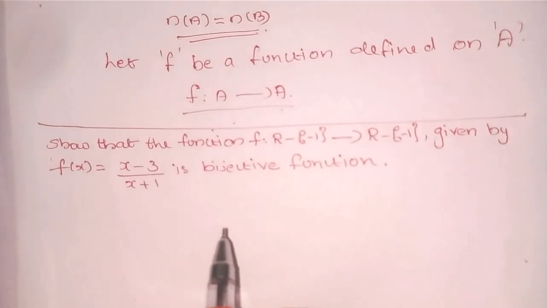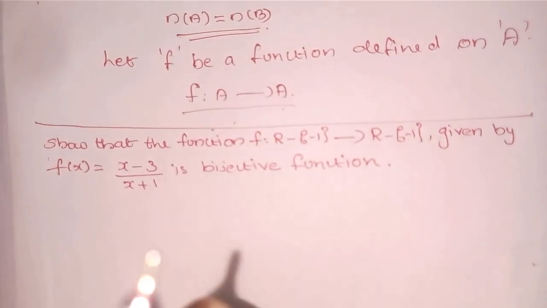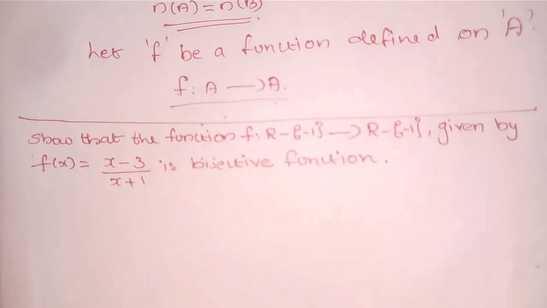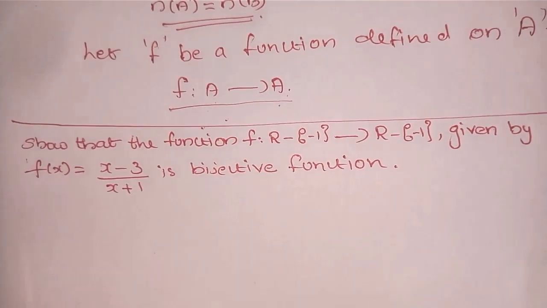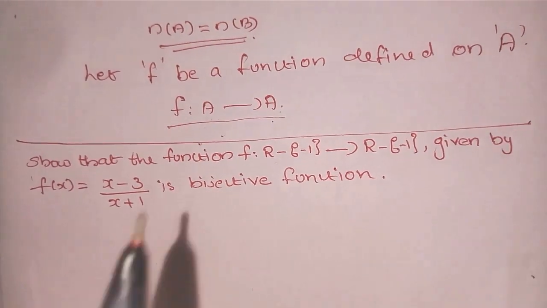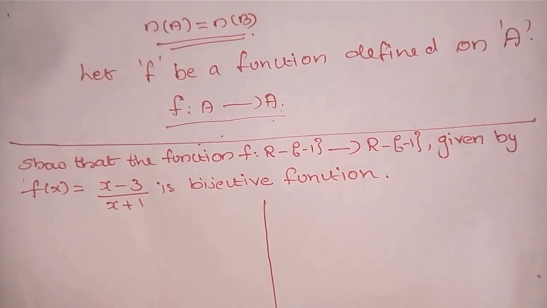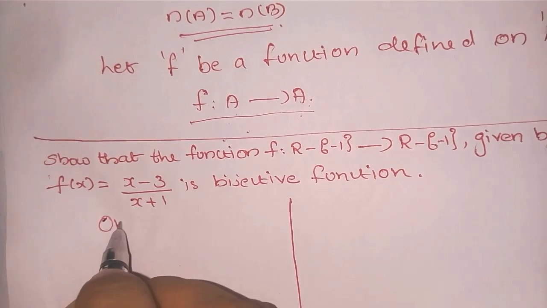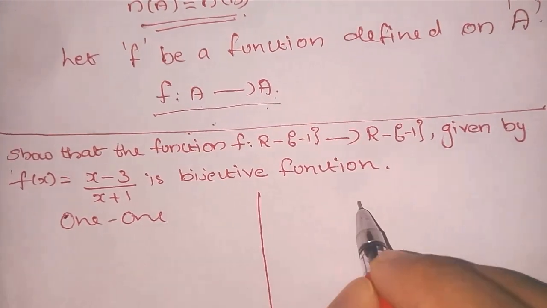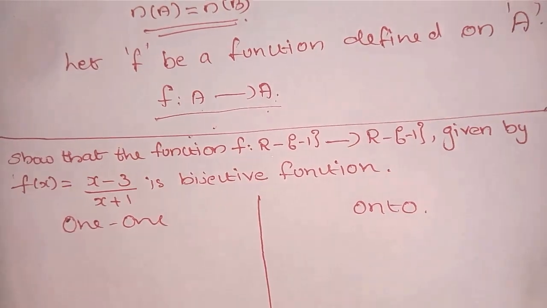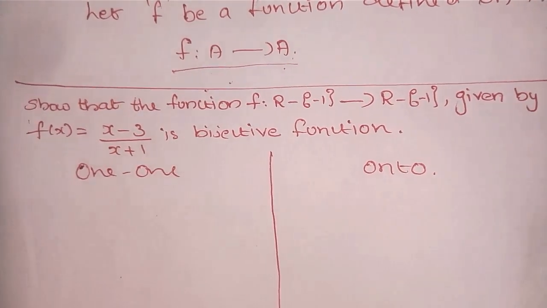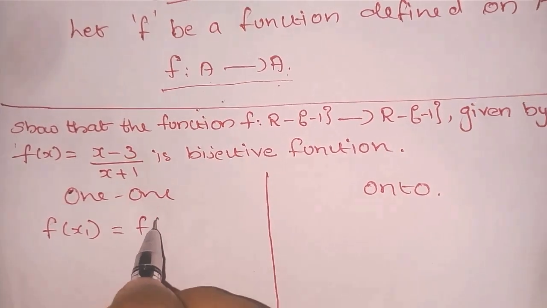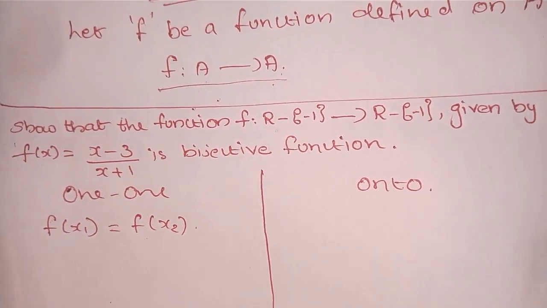Next we want to check how practically we can verify whether the given function is bijective or not. For practical verification of a bijective function, we want to verify both the one-one and onto cases. How can we verify one-one? To verify one-one, we start with f(x1) equal to f(x2), isn't it?